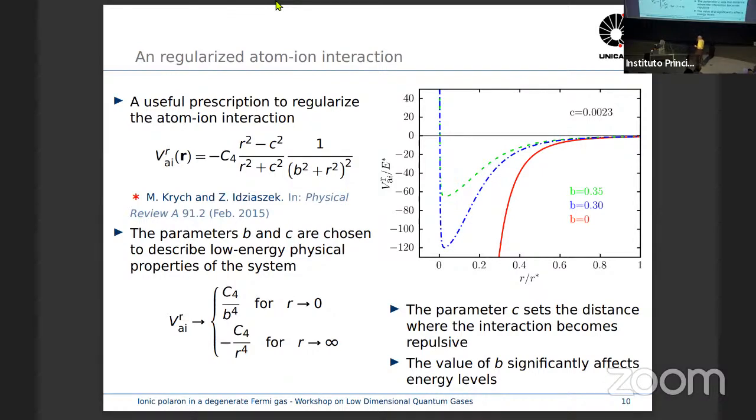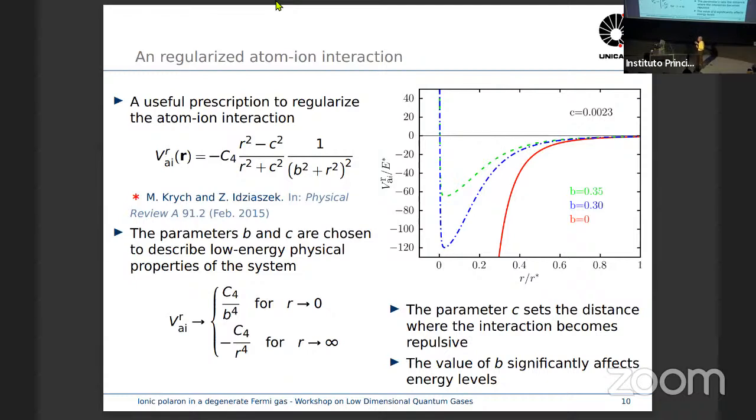This particular one here is very convenient for numerical calculations, because it has a finite value for R going to 0. And the parameters B and C are chosen to describe the low energy physical properties of the system. In the limit R going to 0, this C4 over B4 is enough to avoid the overlap between the atom and the ion.